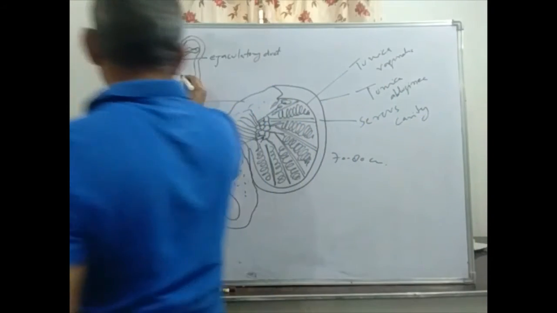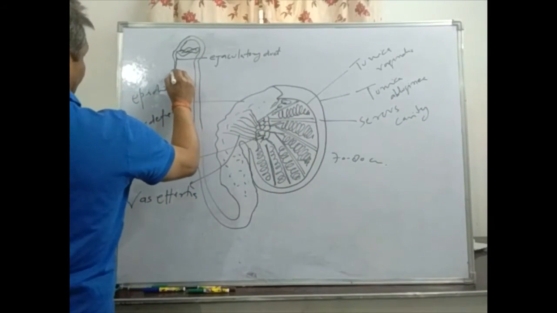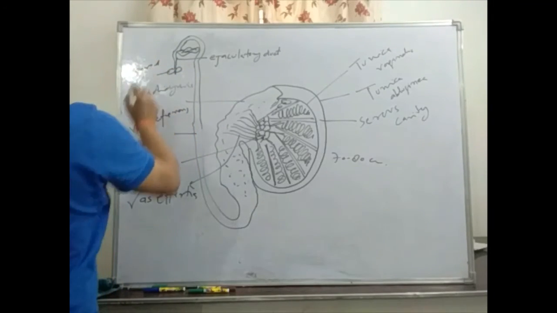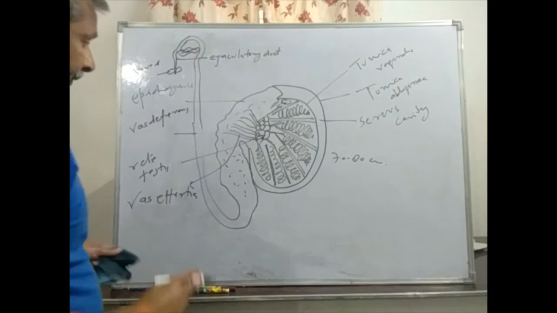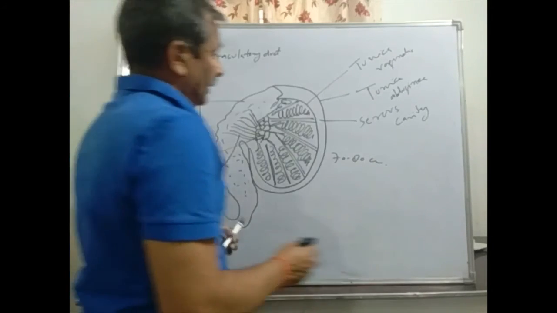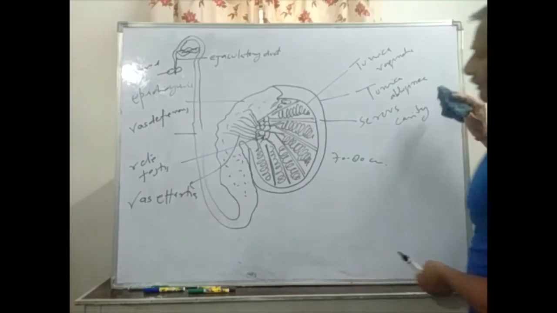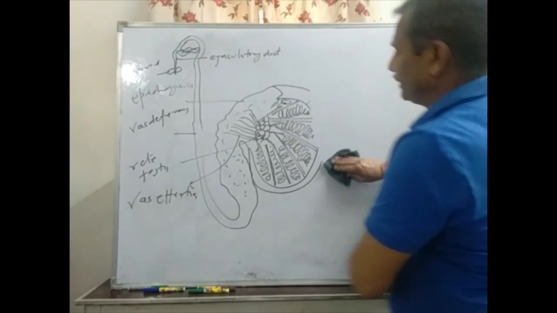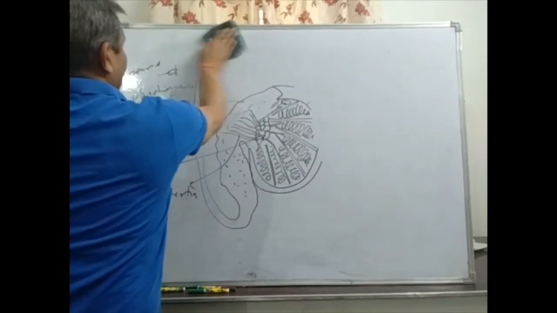And after that, there is the location of the bulbourethral gland. These are again paired structures. So this is the structure of the testis when we see the external view. And now we will see the structure of the single seminiferous tubule.